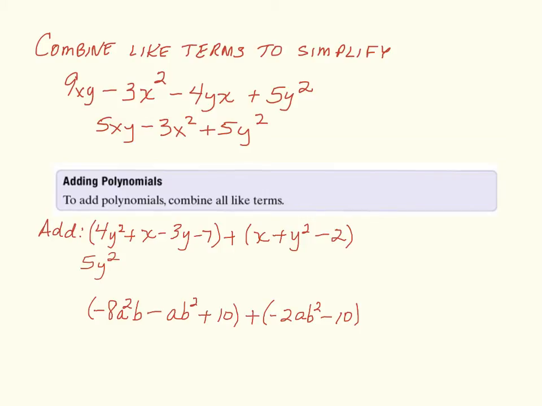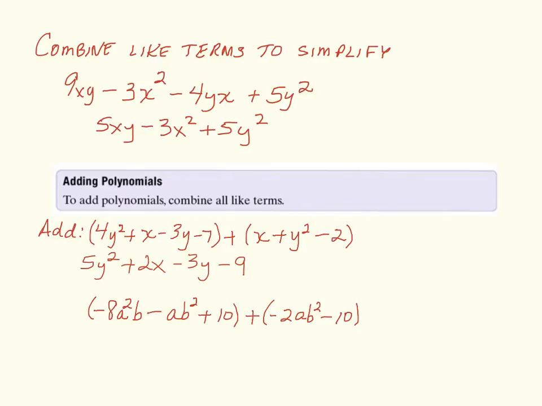We have an x in the first one plus an x in the second one, gives us 2x. We have minus 3y, but we don't have a y term in the second one, so we have to keep minus 3y. And we have negative 7 minus 2, which is minus 9. So we've combined all the like terms in that addition problem.